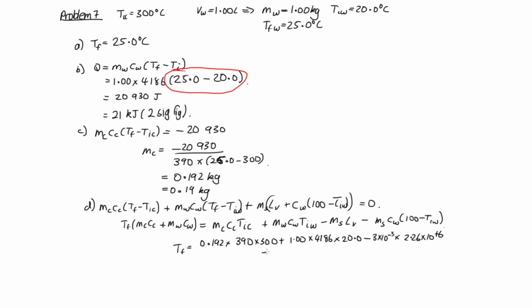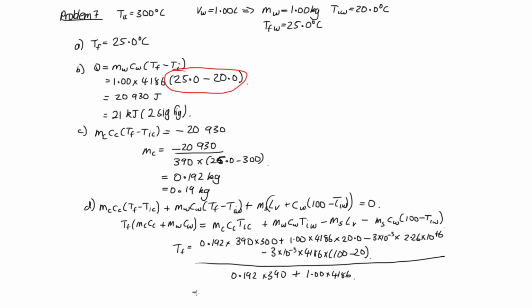And then minus the mass of steam, which is 3 times 10 to the minus 3 times 4186 times 100, minus the initial temperature of the water, which is the 20. And then we need to divide all this by the mass of the copper, 0.192 times 390 plus 1 times 4186. So solving that on the calculator, we end up with 23.1 degrees C, which is equal to 23 degrees C to 2 significant figures.